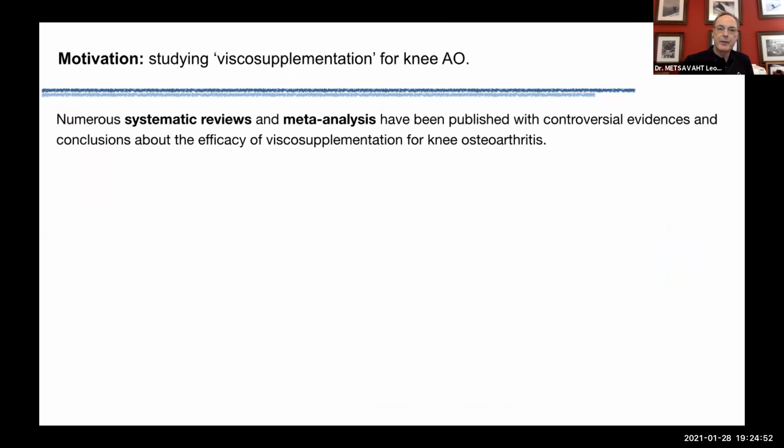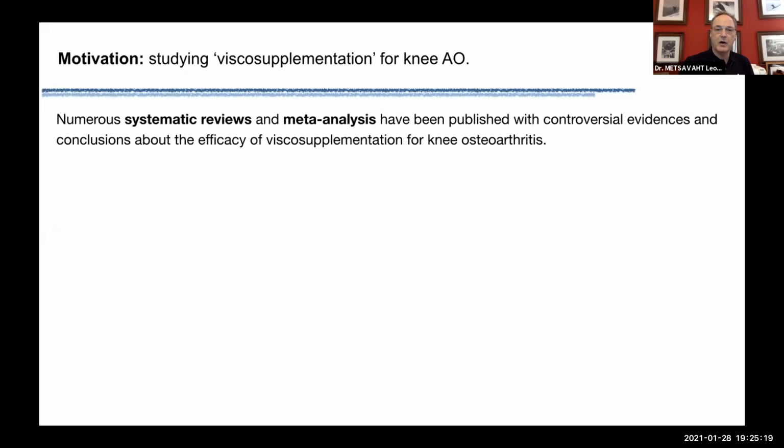So we were motivated to do a more refined study. We went to these systematic reviews and meta-analyses, and we started studying what was controversial, what the controversies were that the authors discussed in their papers.